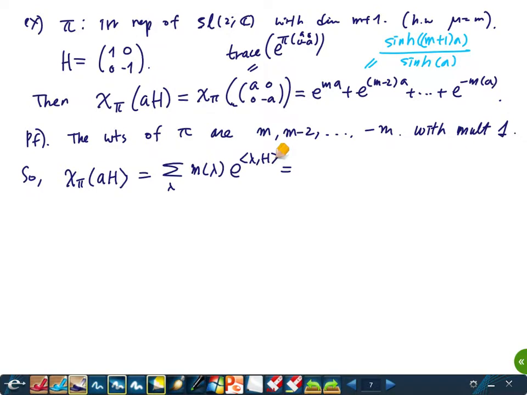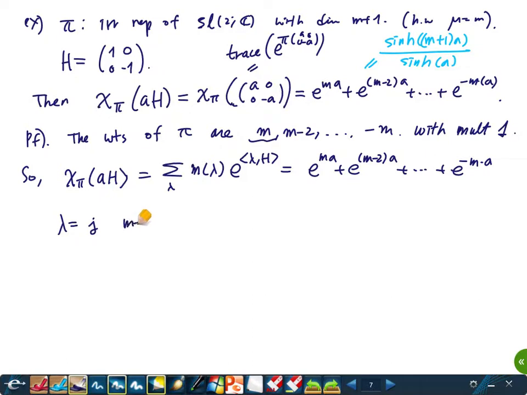By the way, this is going to be e to the ma, doesn't matter, but let's write that so that it's consistent. Because we write weights as integers, but this really means this weight equals, say, j.